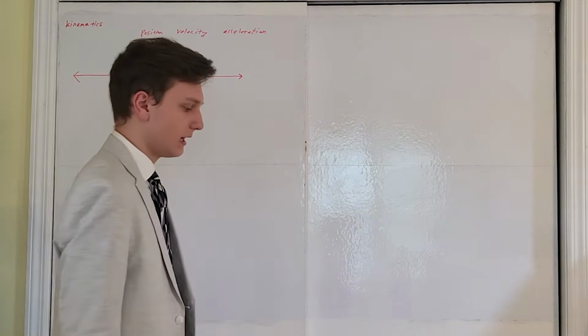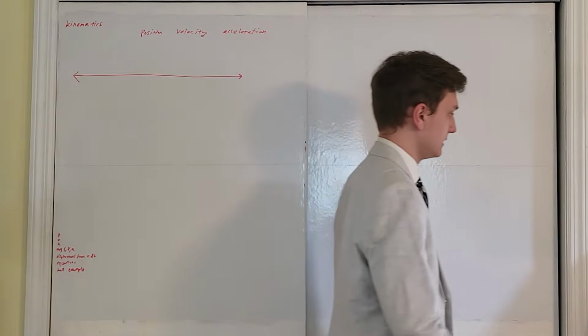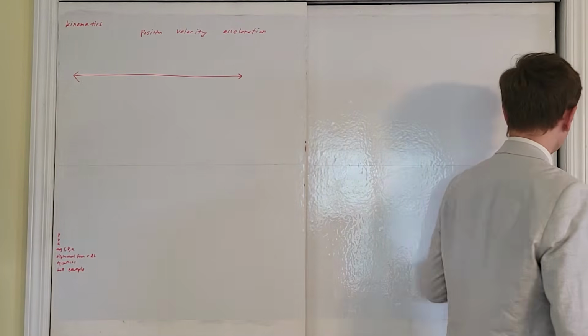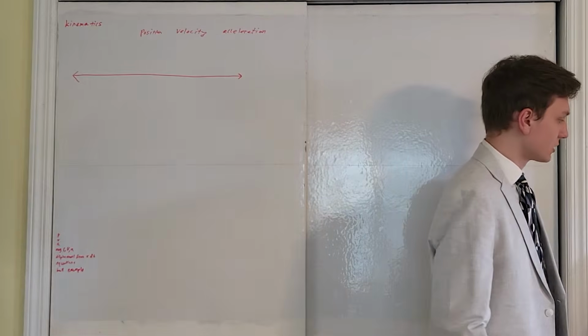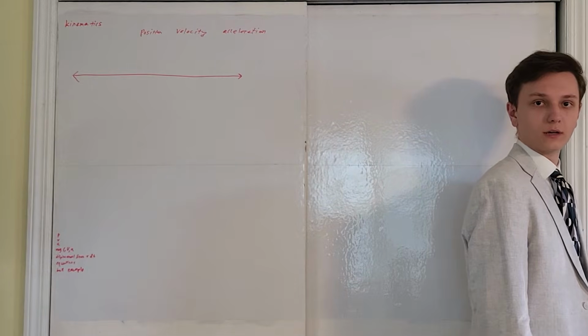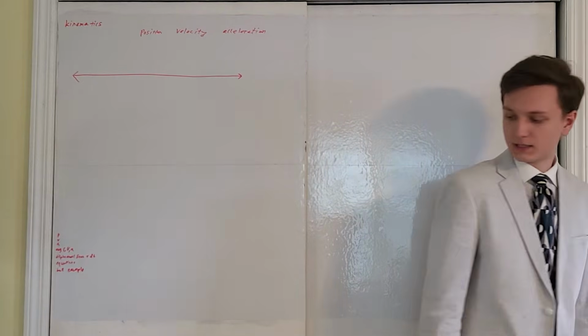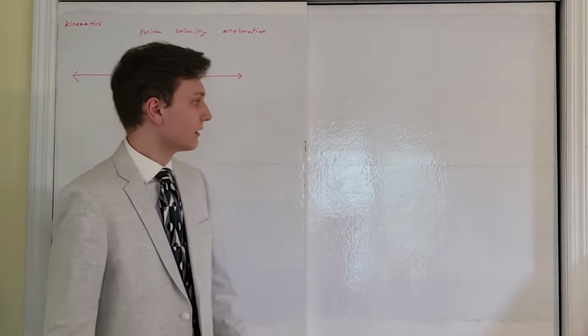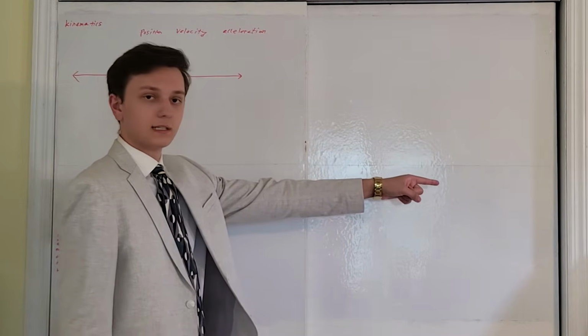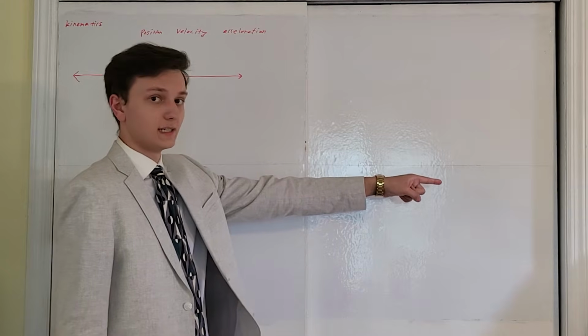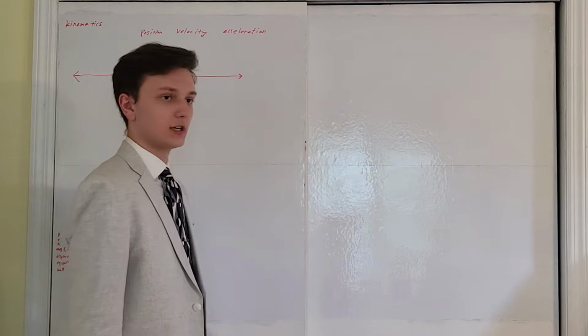Now, alternatively, I could define the axis to say that this side of my whiteboard is going to be 0, okay? So if this side of my whiteboard is 0 and I stand over here, that would mean that relative to my origin, relative to my 0 value, I would be at position -1.